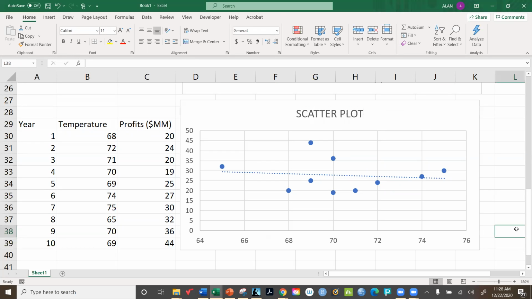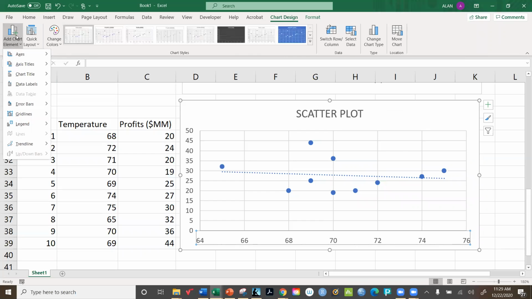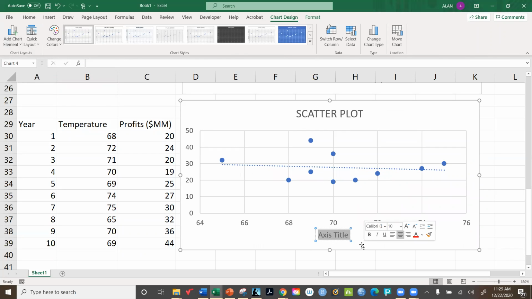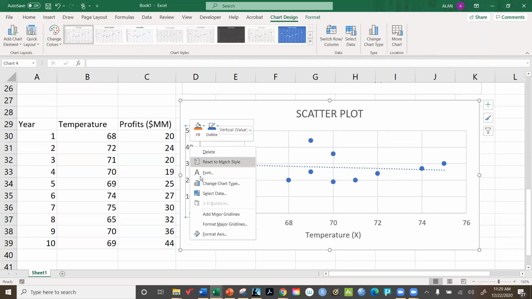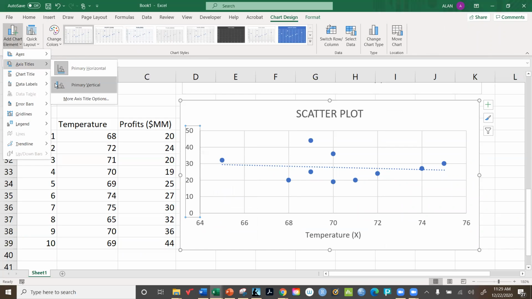The horizontal axis is temperature. And then on the vertical axis, we'll have, oh, no, we do that from here, the profits.